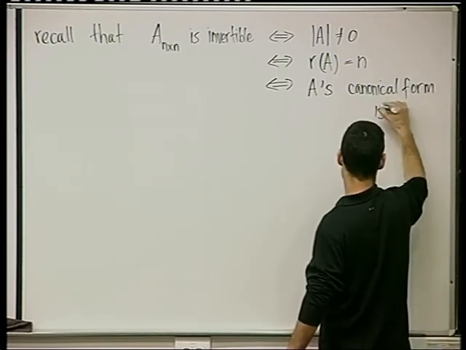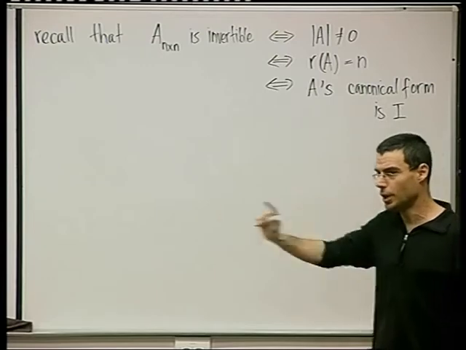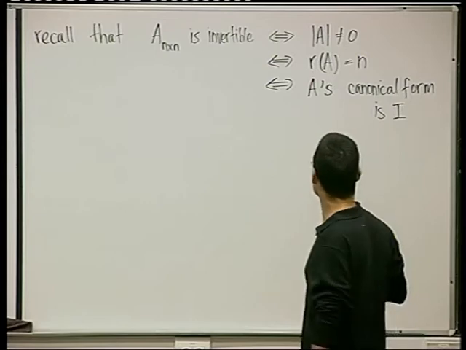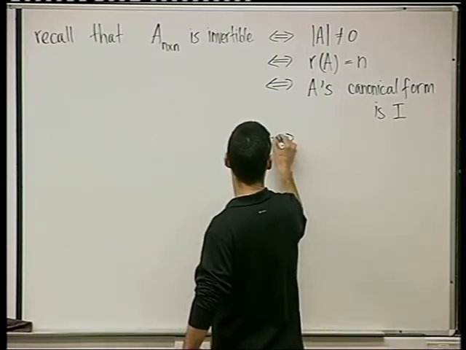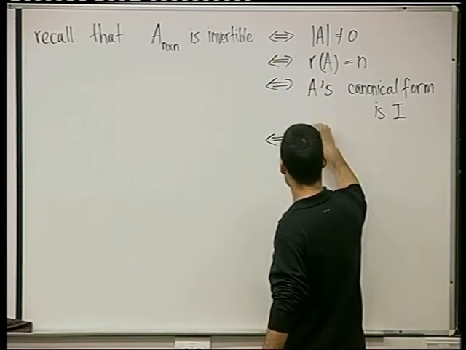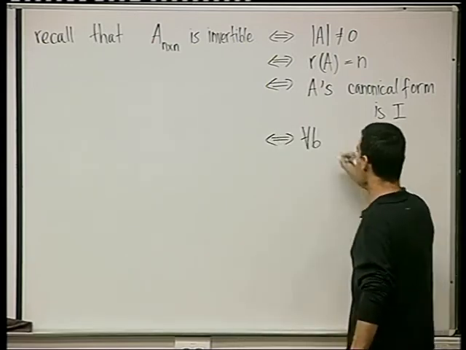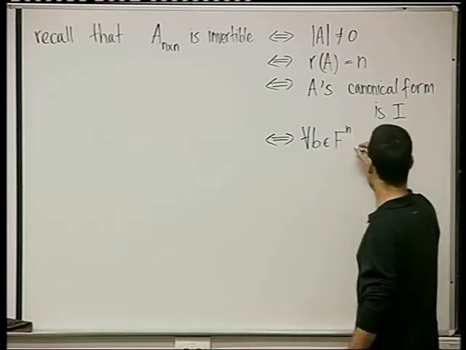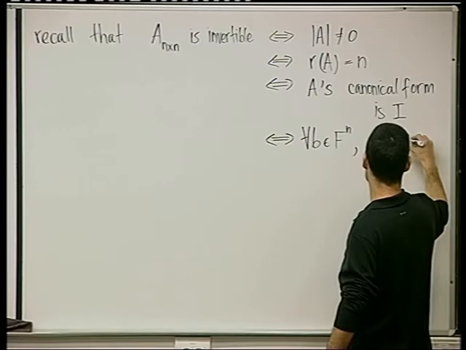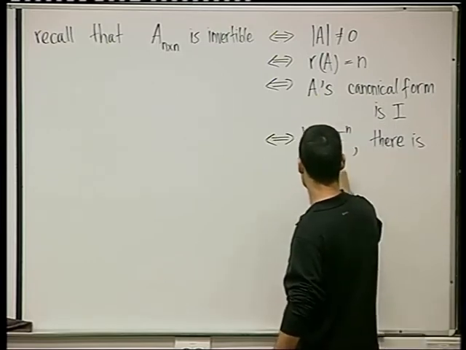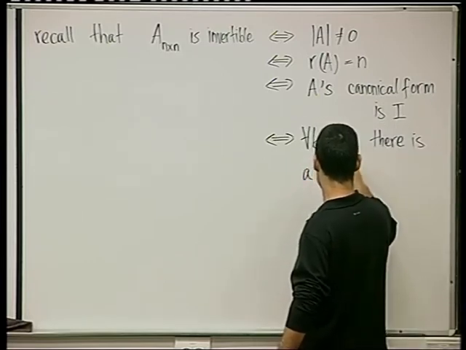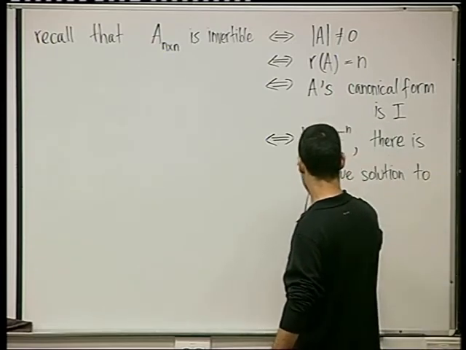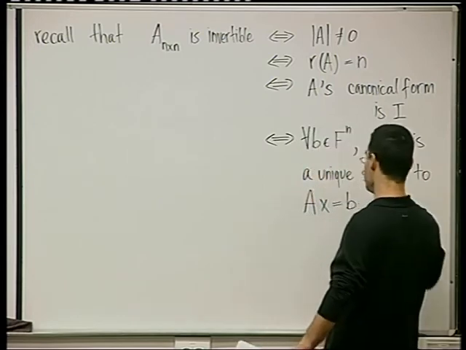Is I. So when you do row operations all the way to the reduced echelon form, the canonical form, you get to I. If and only if, what else do we have here? For every B vector in Fn, where F is the field, there is a unique solution to the system Ax equals B.